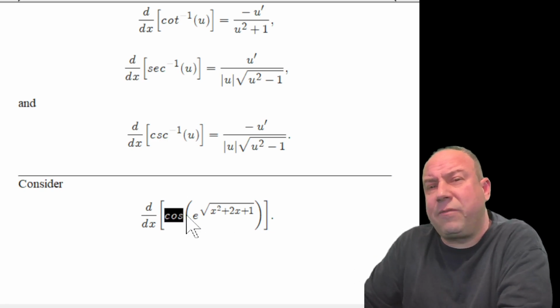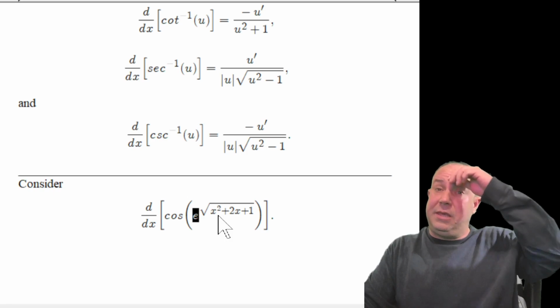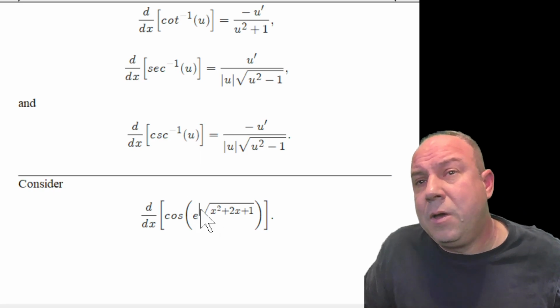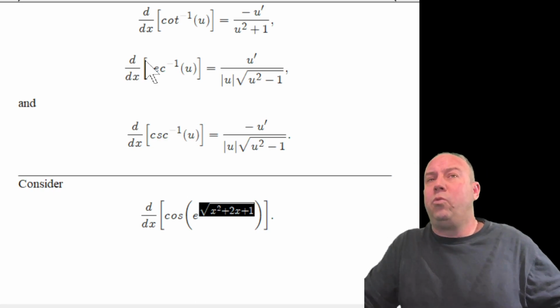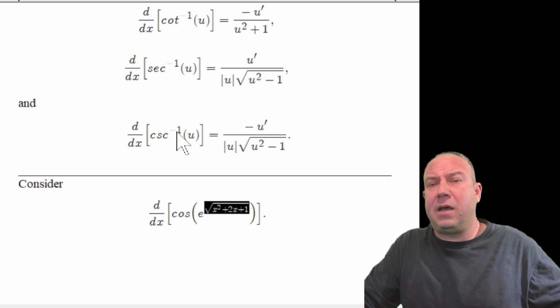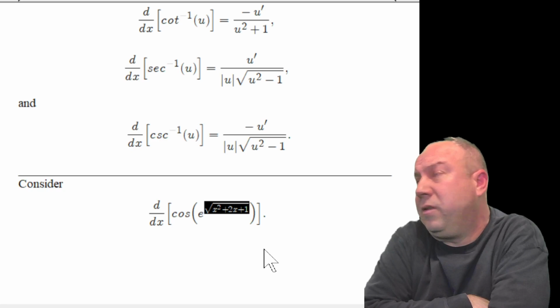But here we have several functions. We have the cosine function, which is being composed with the natural exponential function, which is being composed with, I'm going to highlight that a little bit more as a radical, the square root of x squared plus 2x plus 1, which is the exponent of that natural exponential function.